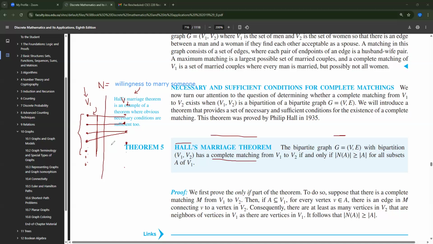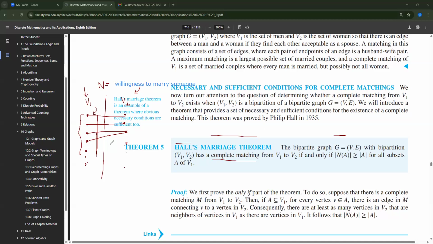Okay, so for a complete bipartite, one of V1 or V2 has to have all the vertices that have edges, right? Yes. And there was another bipartite, what was it called?